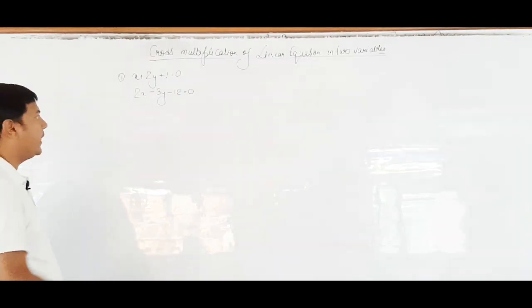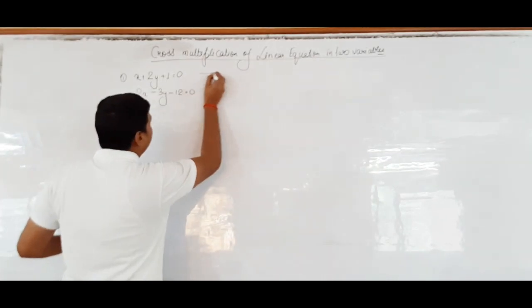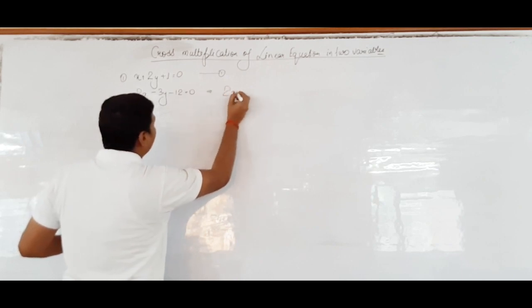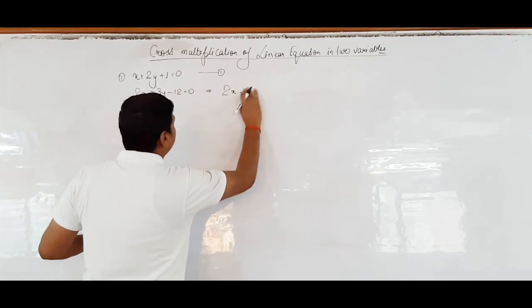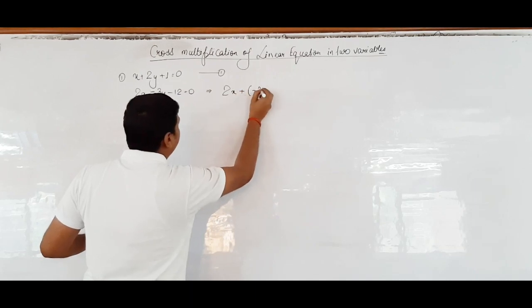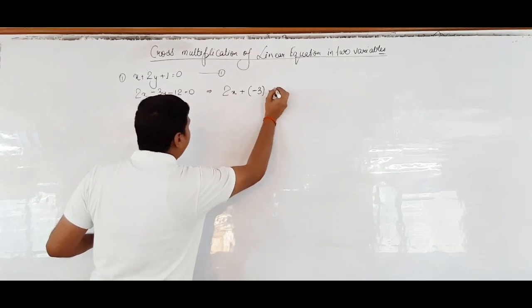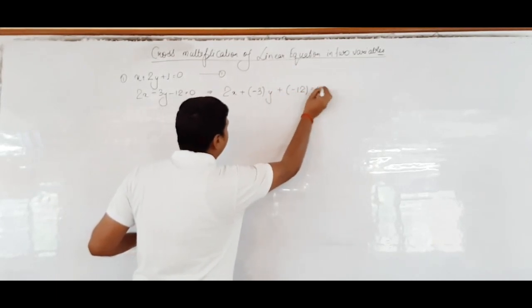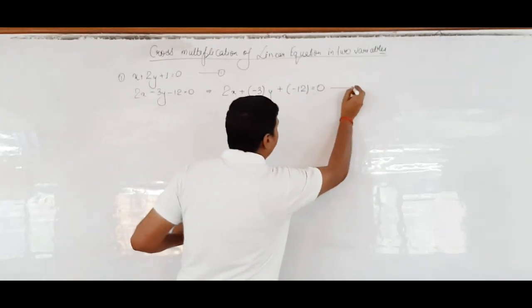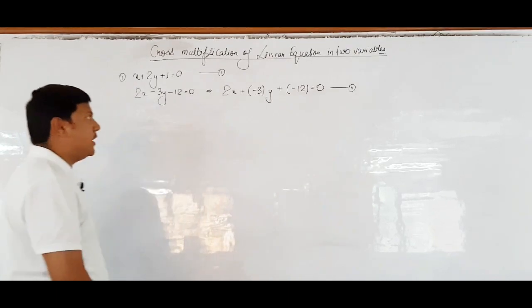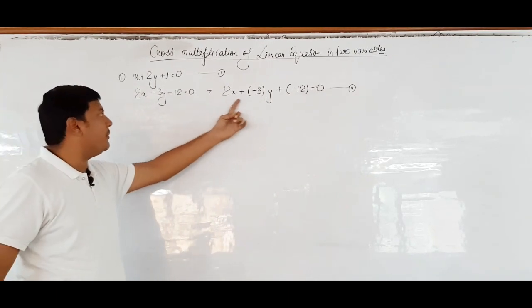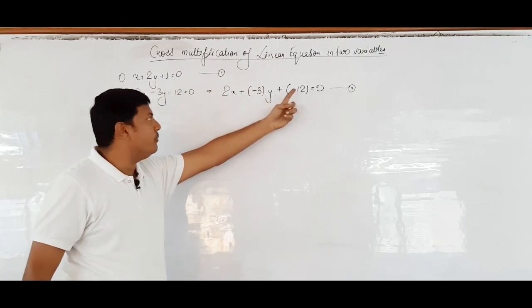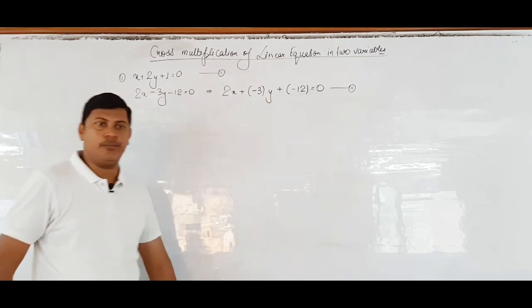It is because it can be written as 2x plus -3y plus -12. Yes or no? So that's the form right now: a2x plus b2y plus c2 is equal to 0.